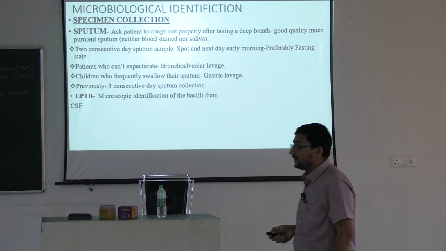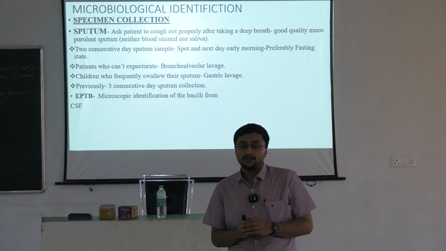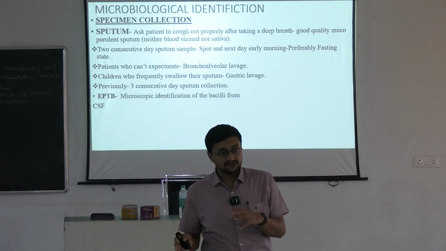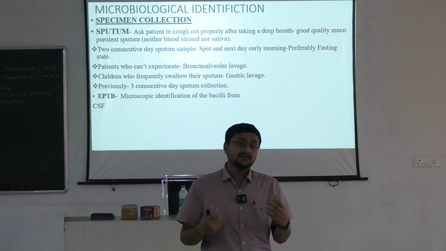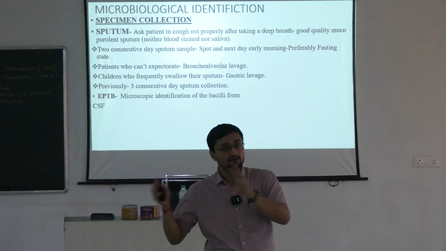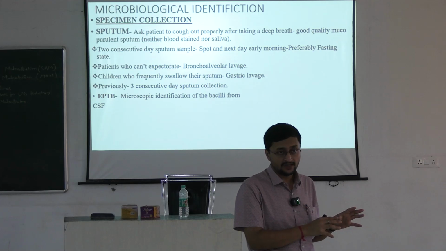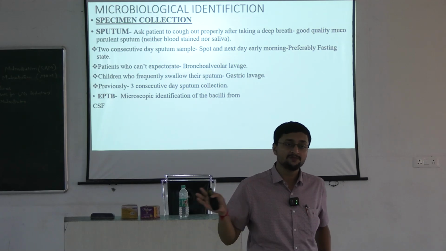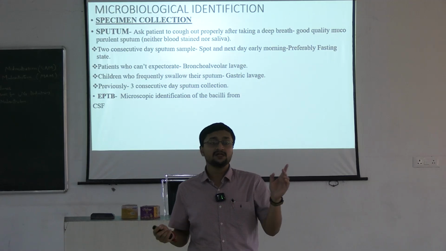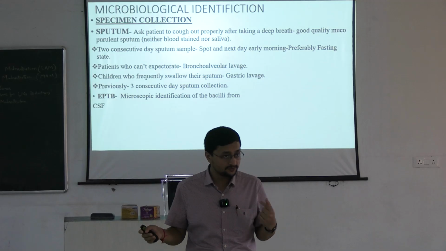And next is extrapulmonary tuberculosis. You all know that in certain cases of extrapulmonary tuberculosis, they develop from delayed, cell mediated immunity, right? So there are granulomas, and after a certain period of time, due to hypersensitivity reaction, the extrapulmonary tuberculosis occurs. What are the different types of extrapulmonary tuberculosis? The most common one is lymph node tuberculosis.